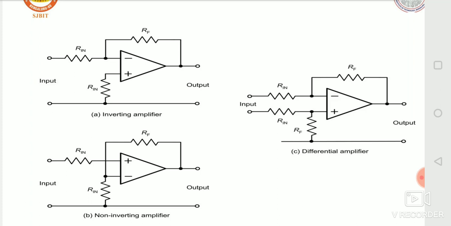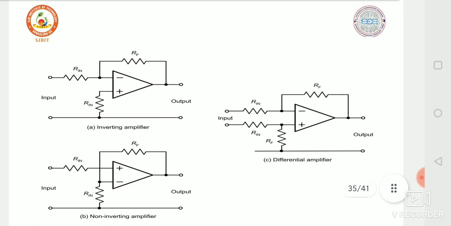If it works as an inverting amplifier, you have to give the input to the inverting terminal and the non-inverting terminal will be grounded. And feedback resistance RF is used. So the gain of an amplifier can be varied with respect to the feedback resistance.